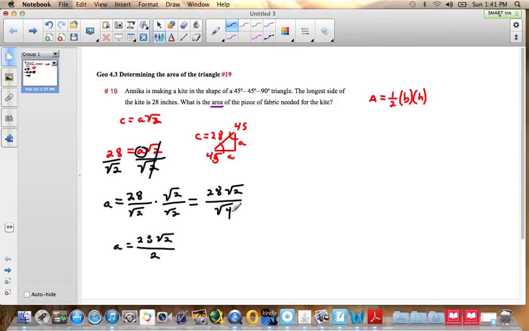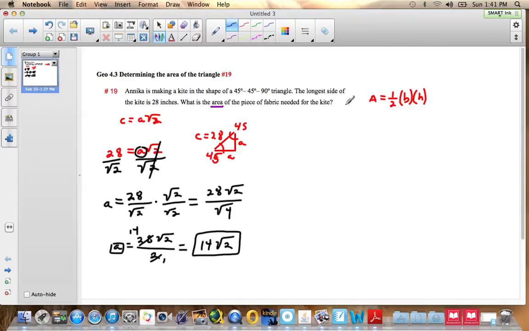The square root of 4 ends up being 2. Now I can simplify because 2 goes into 2 once, and 2 goes into 28 14 times. So A will be equal to 14 square root of 2. And that is what A is.